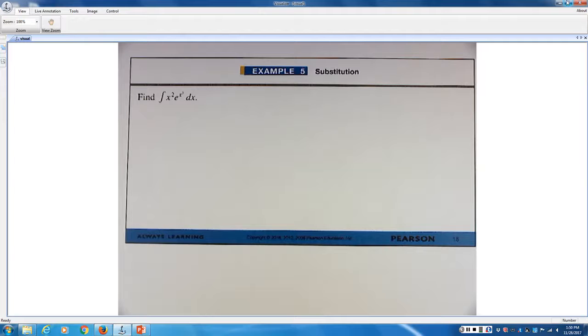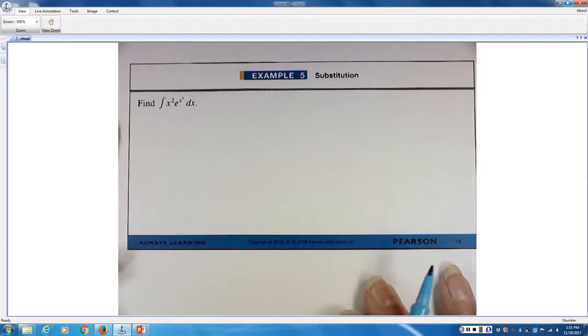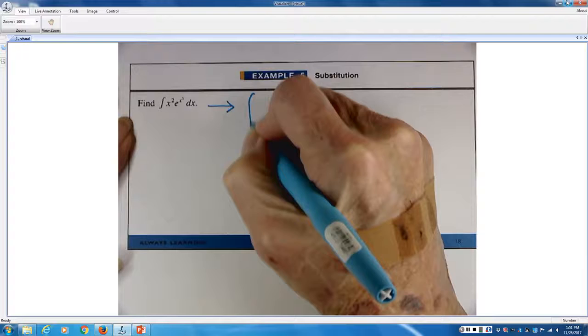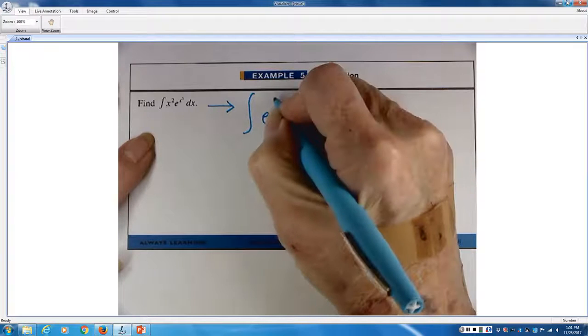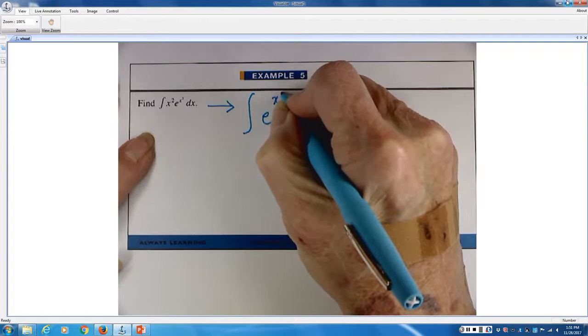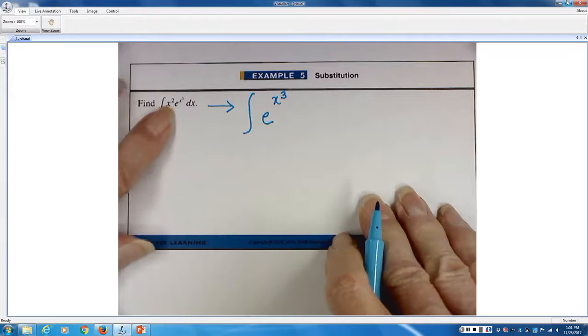And this is example 5. And we have an integral that is the integral of x squared times e to the x to the third dx. And the e to the x to the third looks like a more complicated thing to deal with to me than the x squared does.